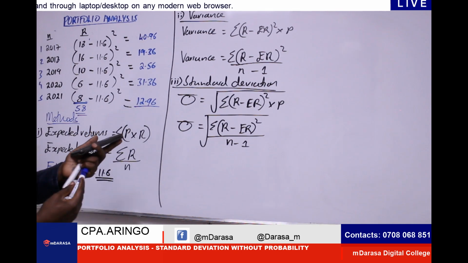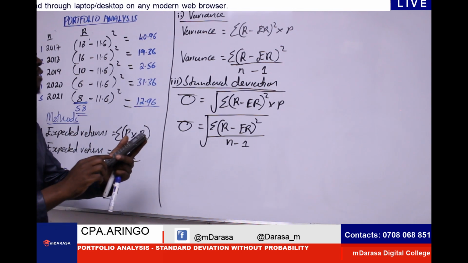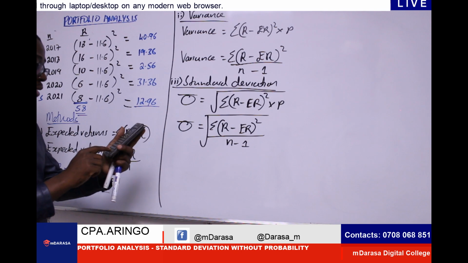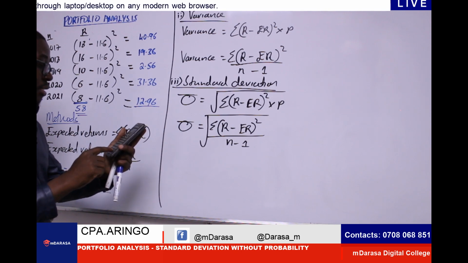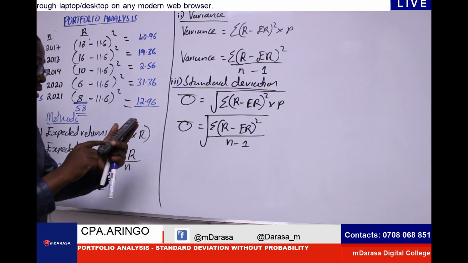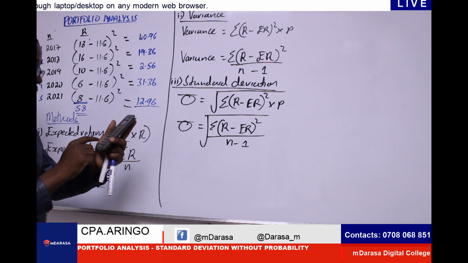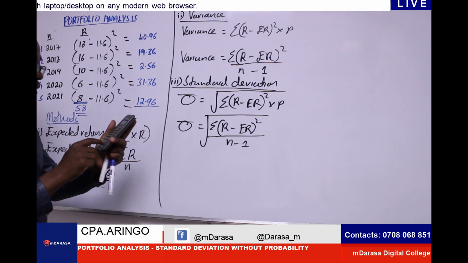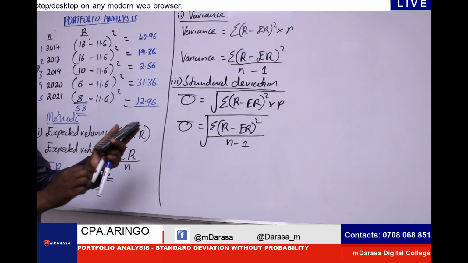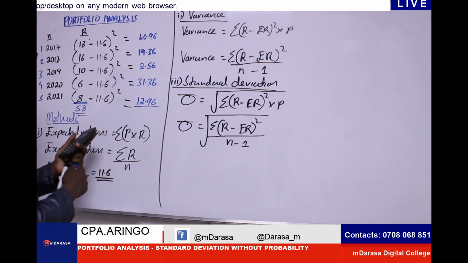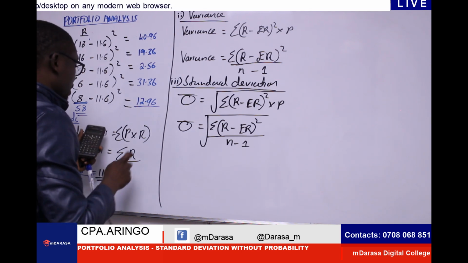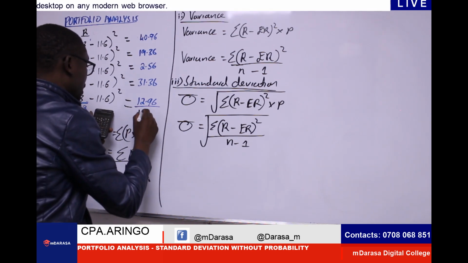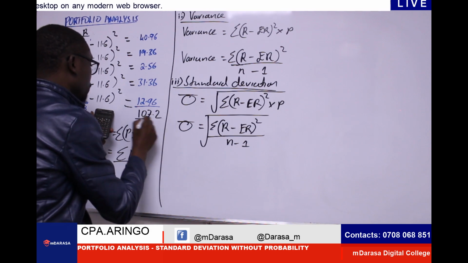What is the summation? That should give us 40.96 plus 19.36 plus 2.56 plus 31.36 plus 12.96. Mwalimu is getting 107.2. I don't know what you are getting, but Mwalimu here is getting 107.2.